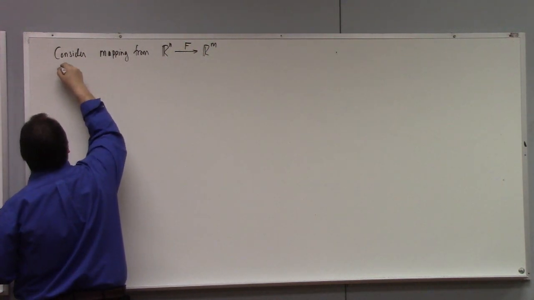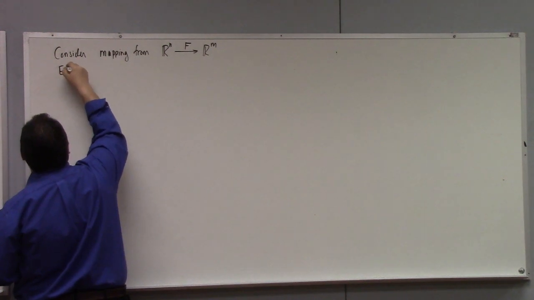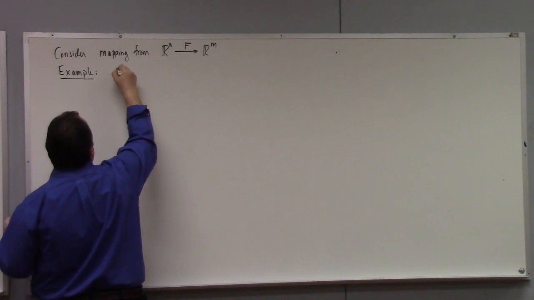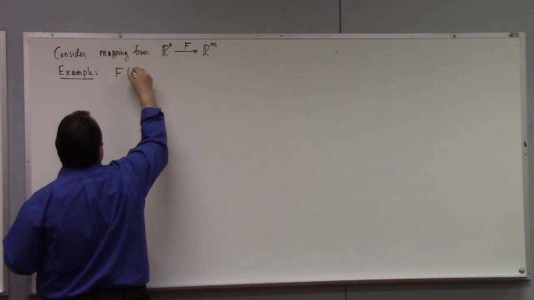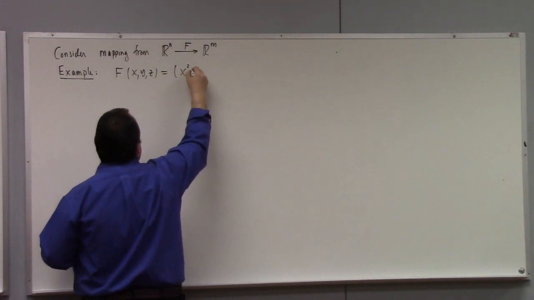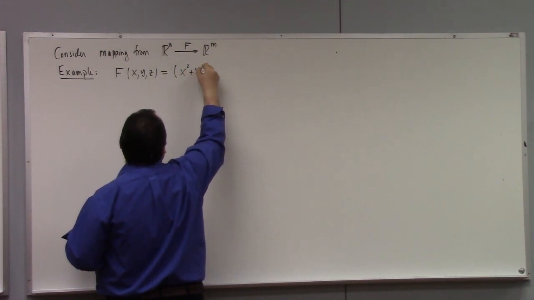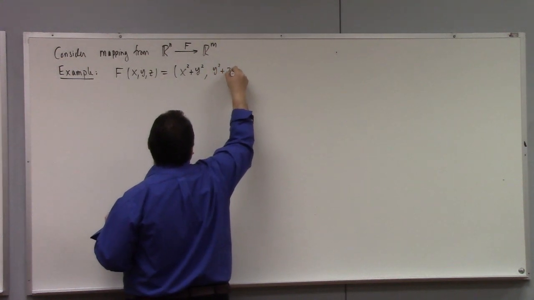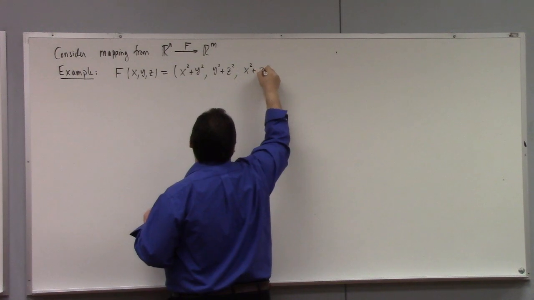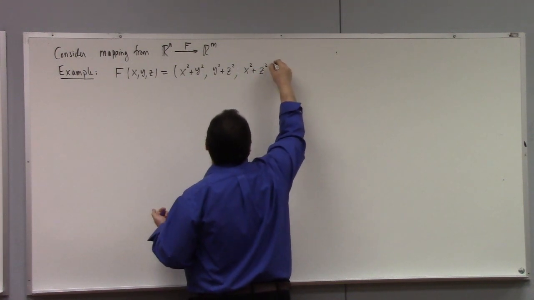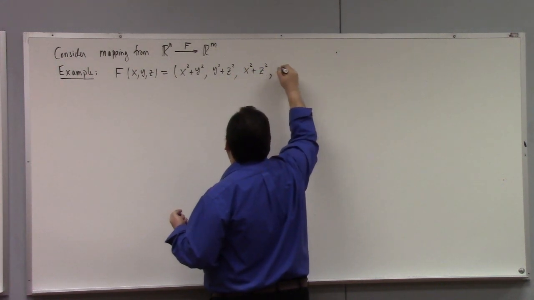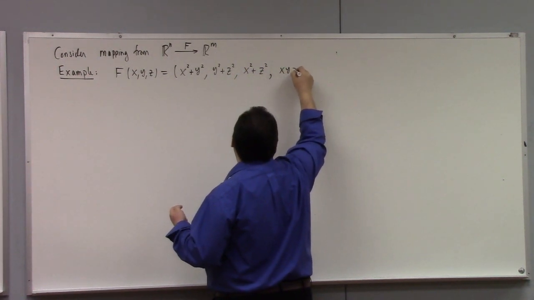So for instance, example, before I give you the definition, you might have something like F of x, y, z equal to x squared plus y squared, comma, y squared plus z squared, comma, x squared plus z squared, like that. I probably should throw in another one here. My third one, I'll do xyz, okay? There.